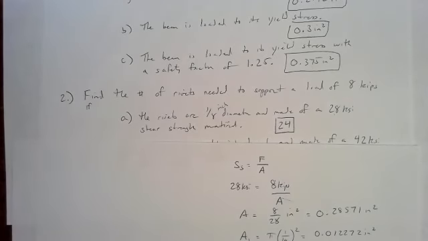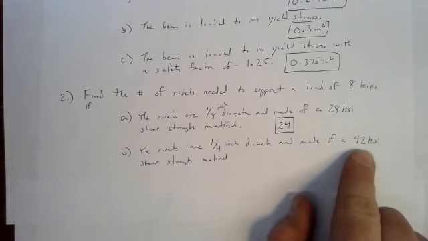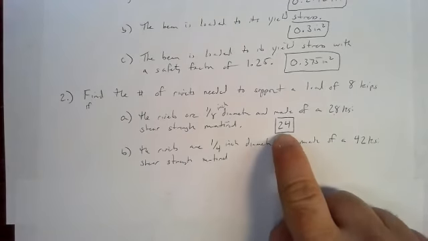Any questions on that one? And for our last one here, same load, but now we're dealing with 1/4-inch diameter rivets and a stronger rivet. So let's try and predict where this one's going to go. We're dealing with a stronger rivet at 42 KSI. So we're not going to need 24 of these.